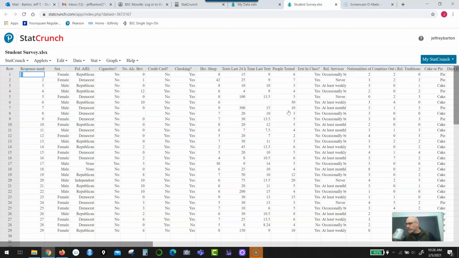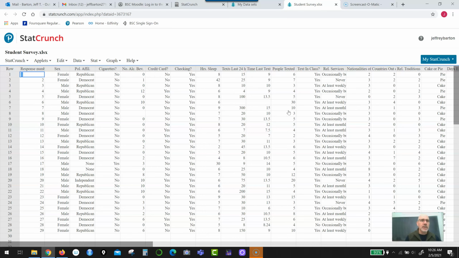Okay, so graphs that are typically good for categorical variables are pie charts, bar charts, and then what are called Pareto charts. Pareto is really just a bar chart, but the bars are in numerical order, from biggest to smallest, or from smallest to biggest.